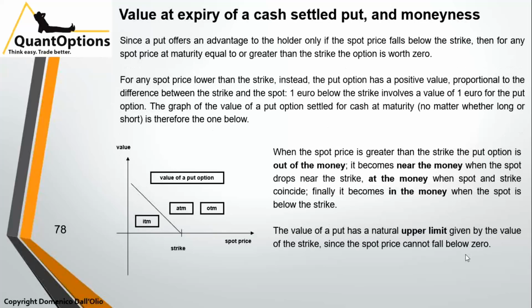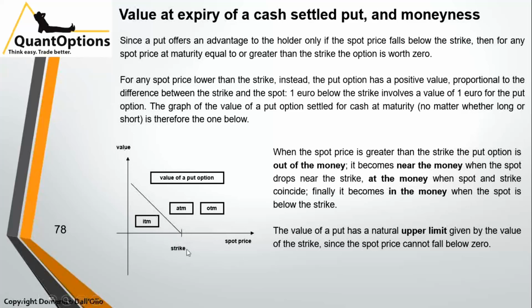What is the value at expiry of a cash-settled put and its moneyness? Since a put offers an advantage to the holder only if the spot price falls below the strike, then for any spot price at maturity equal to or greater than the strike, the option is worth 0. We can see it here. Once again, spot price on the x-axis, value of the option on the y-axis.